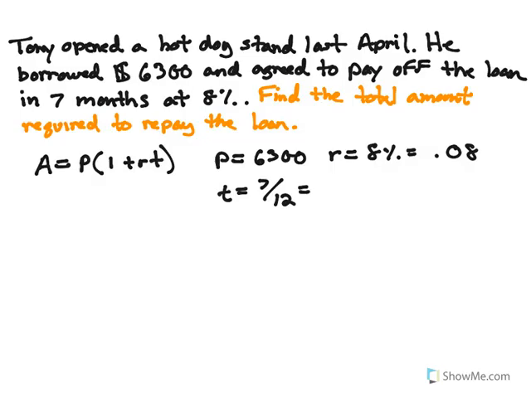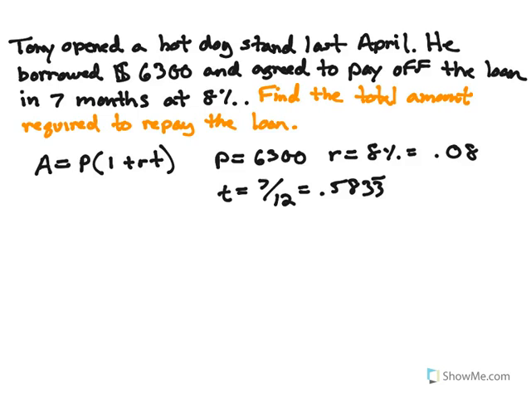So when you do 7 divided by 12, you will get the decimal equivalent of 0.58333. It kind of just repeats. So we're going to plug all the information into the formula.